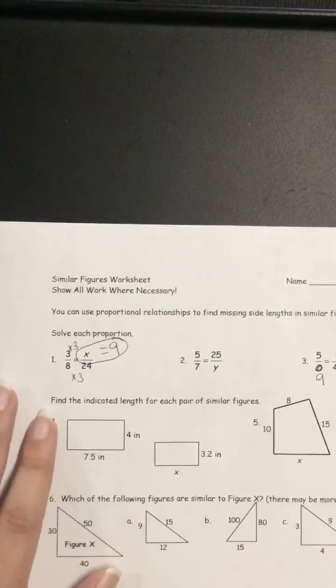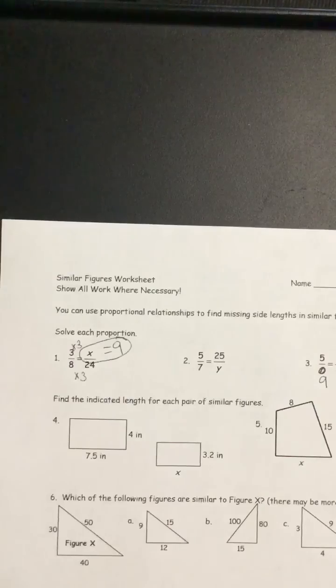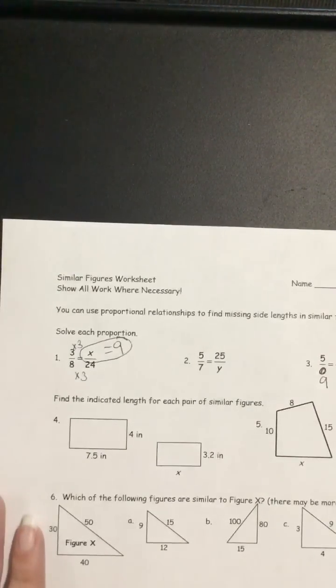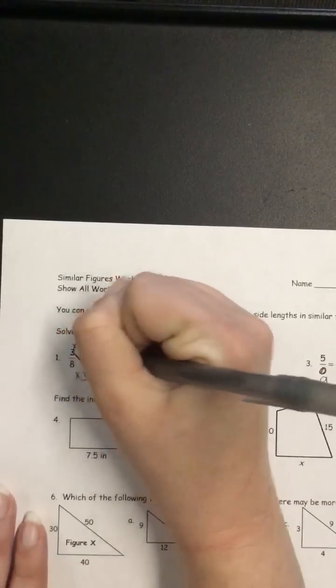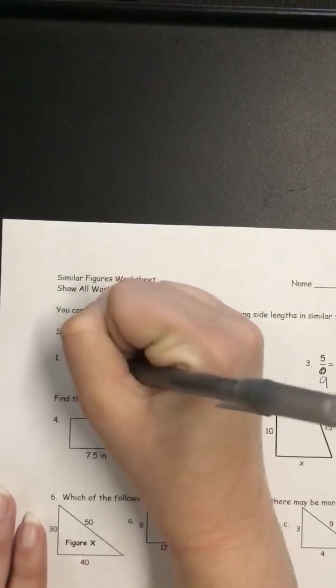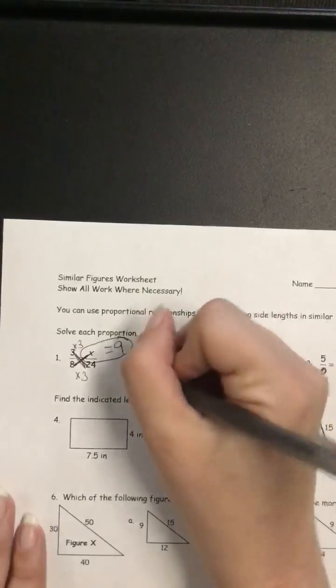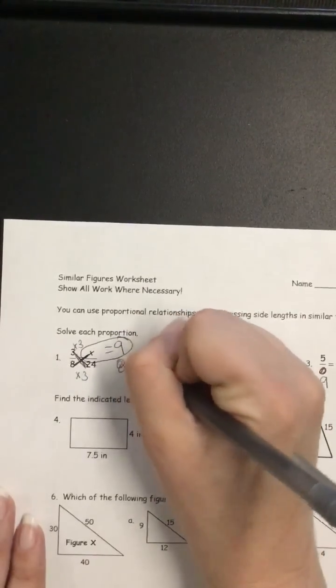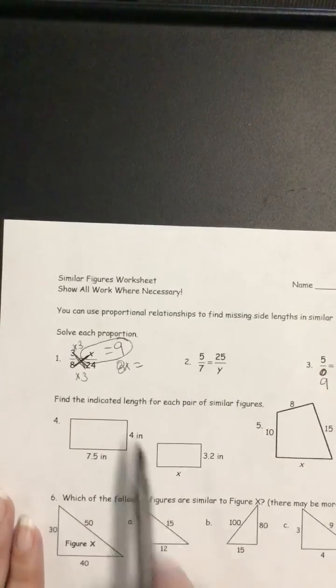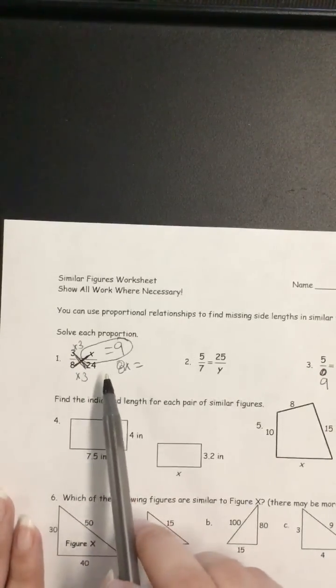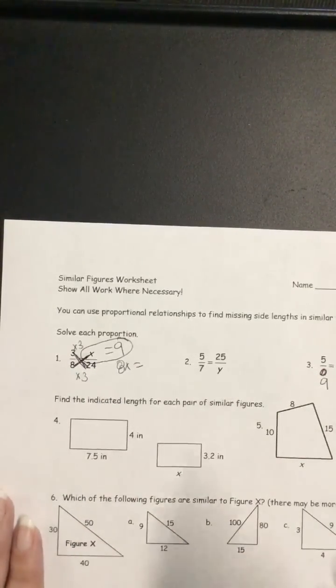We also learned that if we can't see that relationship for whatever reason, that we can use cross multiplication. So what that looks like is this. We draw a big X in the middle, right? 8 and X are connected, so I write 8X. 3 and 24 are connected, so I would multiply. Someone who did it this way, what is 3 times 24? 72.